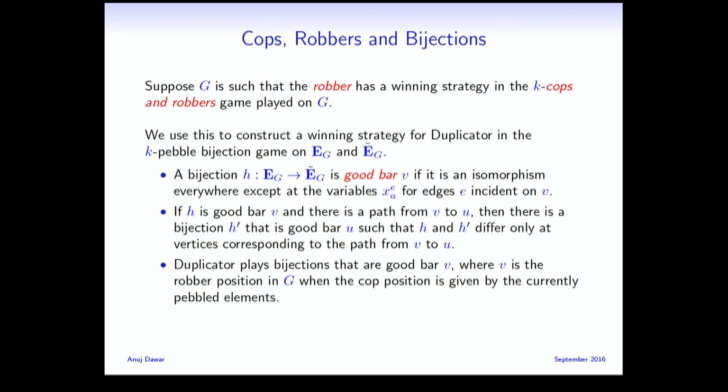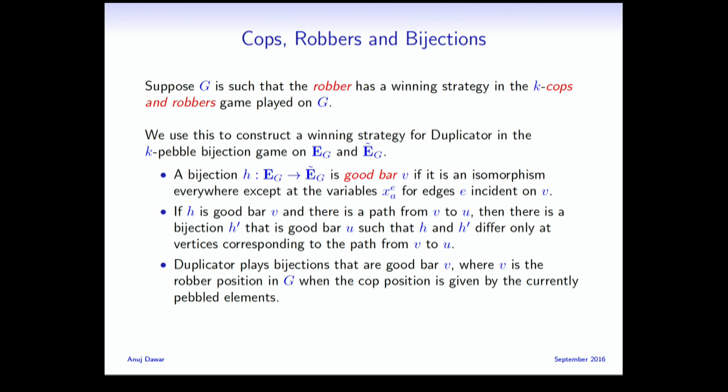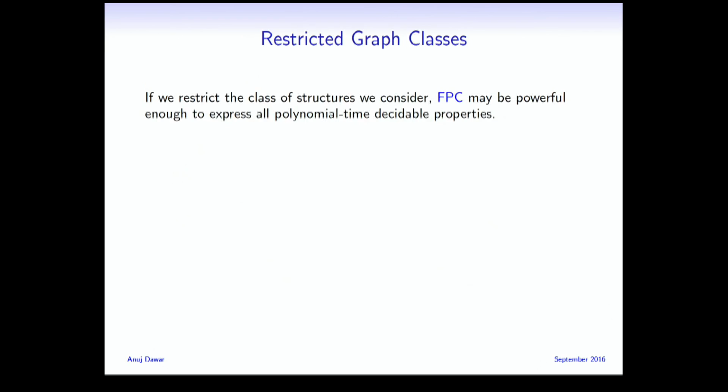Okay? I'm running out of time, so that's it for this proof. And let me just give a very quick survey of other work in this area. It turns out fixed point with counting, so it's not all of polynomial time by the proof we just gave, is incredibly powerful.